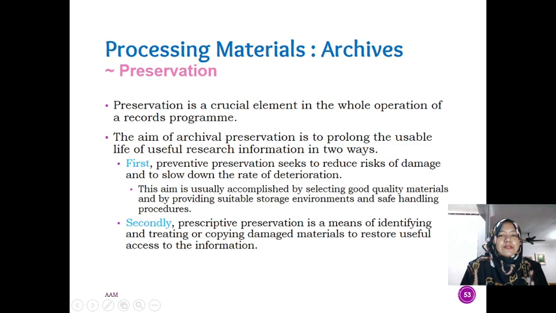And the last one is preservation for the archive. It's a crucial element in the whole operation of a record program. So the aim of archival preservation is to prolong the useful life of useful research information in two ways. The first one, preventive preservation, seeks to reduce risk of damage and to slow down the rate of deterioration.